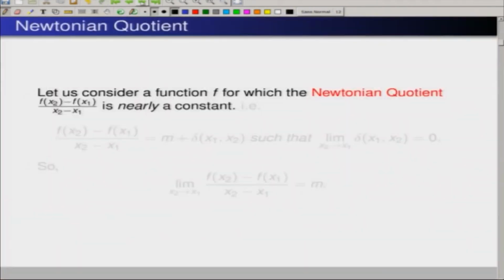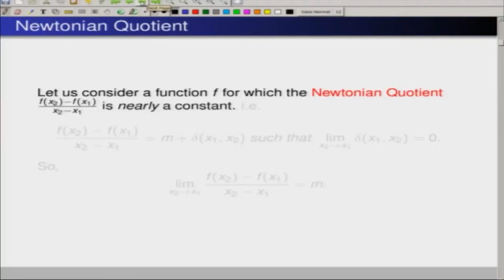Now, this suggests that we can try to define what Newton meant by locally linear. Let us consider the function f, whose Newtonian quotient is f of x 2 minus f of x 1 divided by x 2 minus x 1.